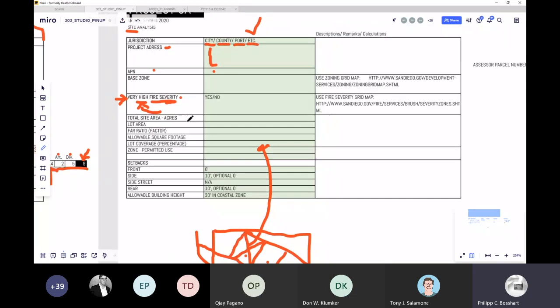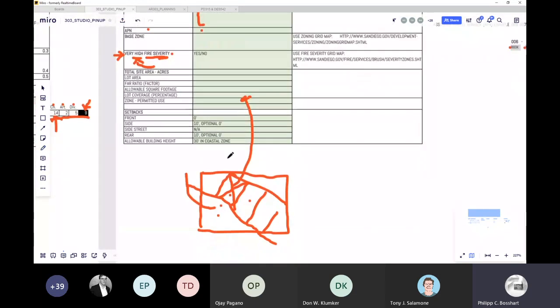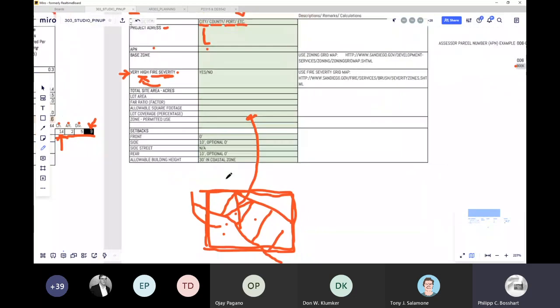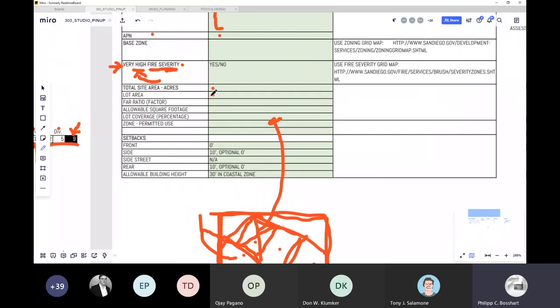Site area, again, if you have something of this size, this will be the total site. See if you can identify acres, or if you have a single lot, we'll be looking at the lot area. So this is a single lot, and this is the actual acres that you're looking at. FAR ratio, right?